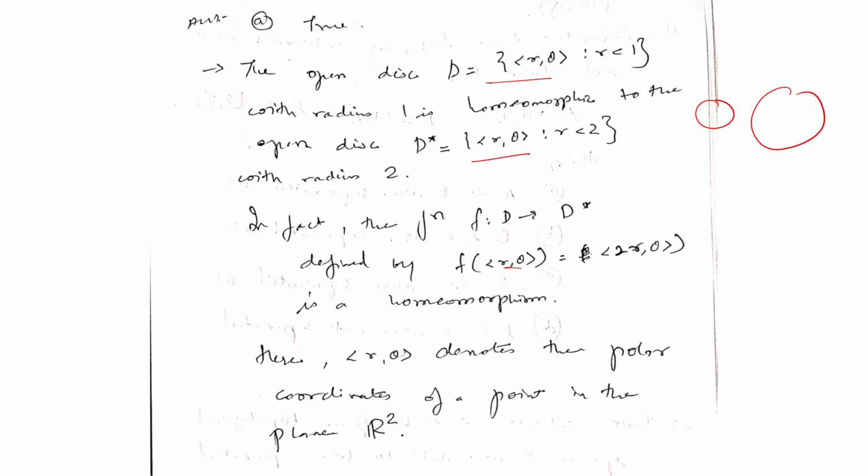Basically, here you can see that we can define a homeomorphism between these two disks, but the area is not preserved, right? Hence, area is not a topological property. Fine. So I hope it is clear.